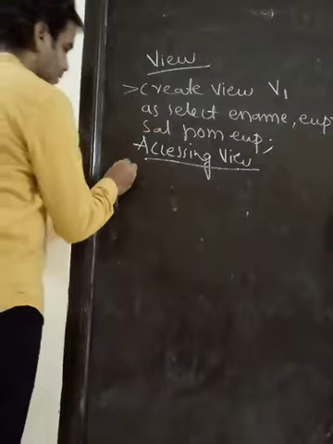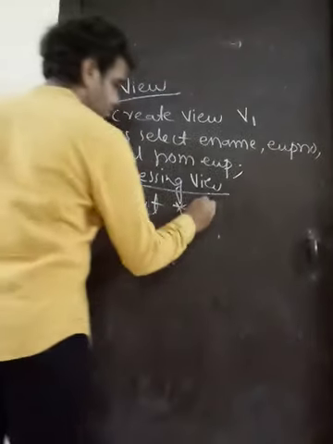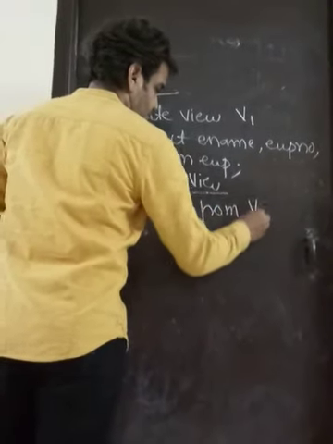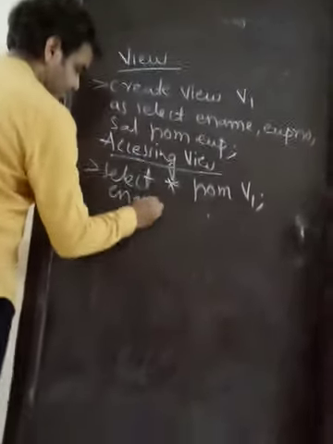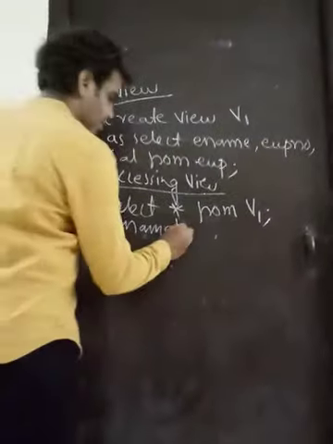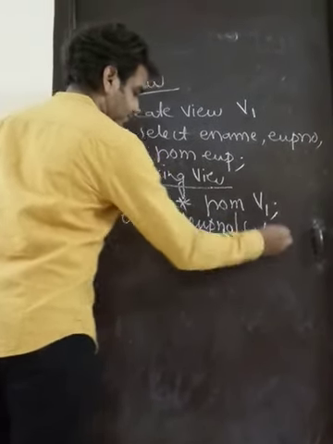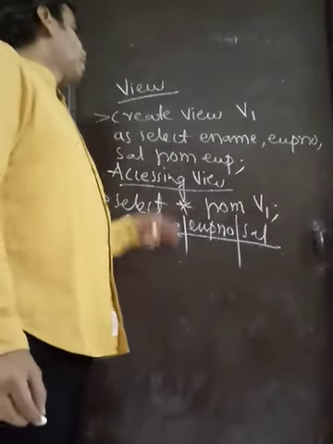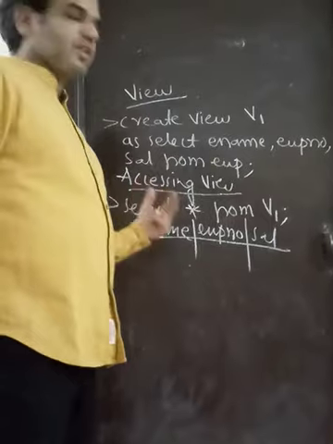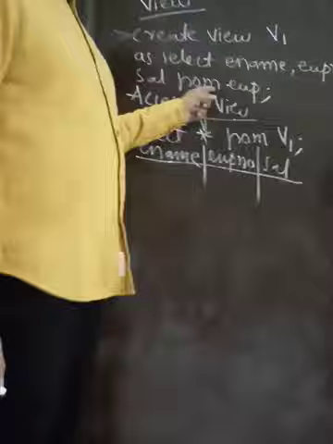How are we accessing? Select star from v1. What will it display? Employee name, then employee number, then salary. So three columns of information will be displayed. Compared to ordinary accessing of the query, we can access speedily. So this is a view, and if the table changes, the view also changes automatically.